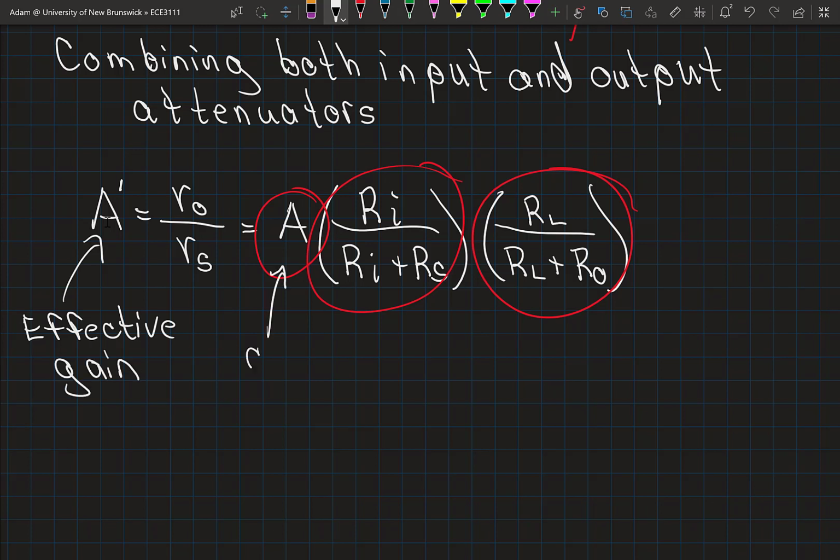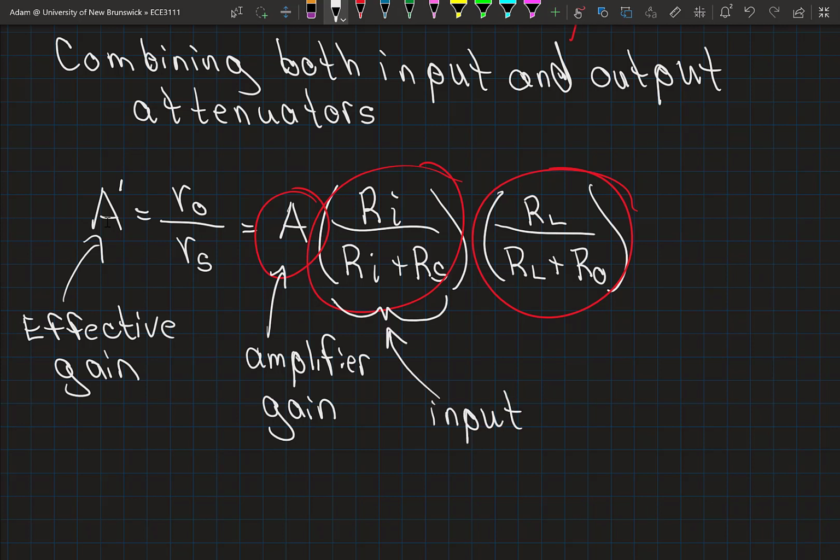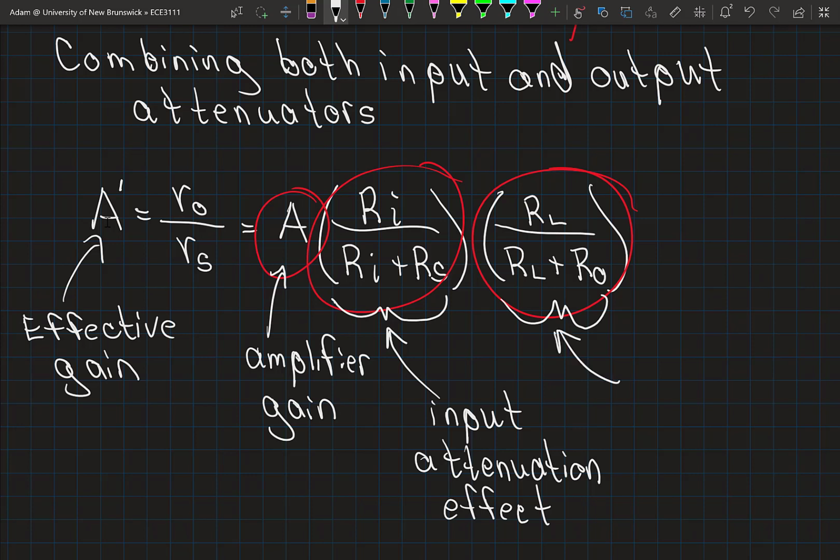So we had our amplifier gain, we have our input attenuation effect, and we have our output attenuation effect.